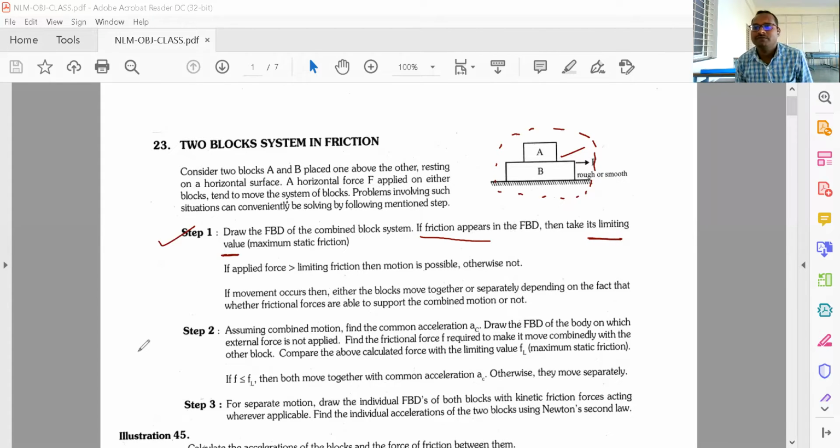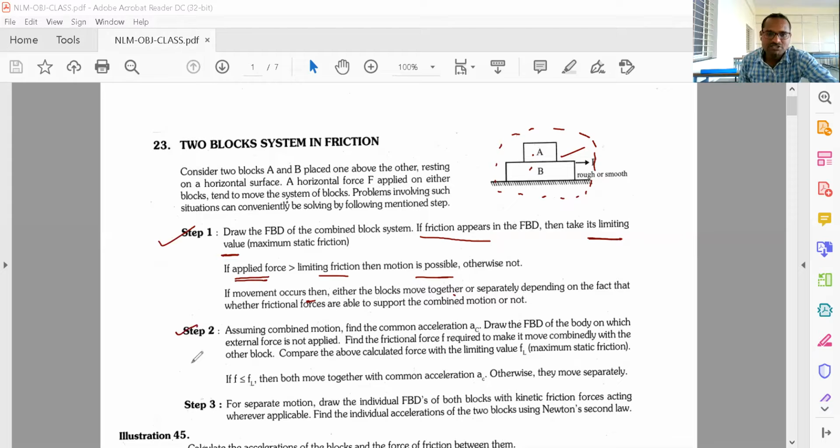Now, if the applied force is greater than limiting friction, then only the blocks will move. Otherwise, they will not move. If the motion occurs, these two blocks may move together or they may slip over each other. When they will slip, that we need to find.